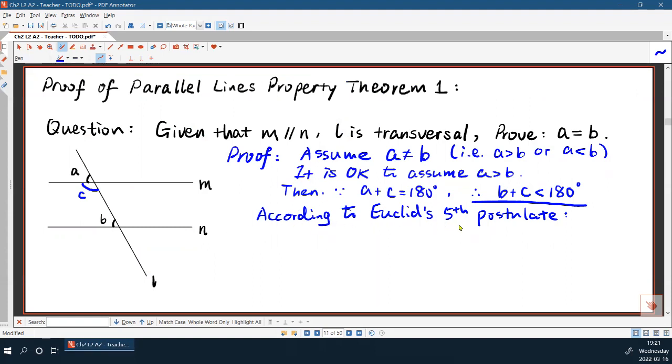So according to Euclid's fifth postulate, because we have B plus C less than 180 degrees, therefore M and N must intersect somewhere on the left side, right? So therefore M and N must intersect on the left side.